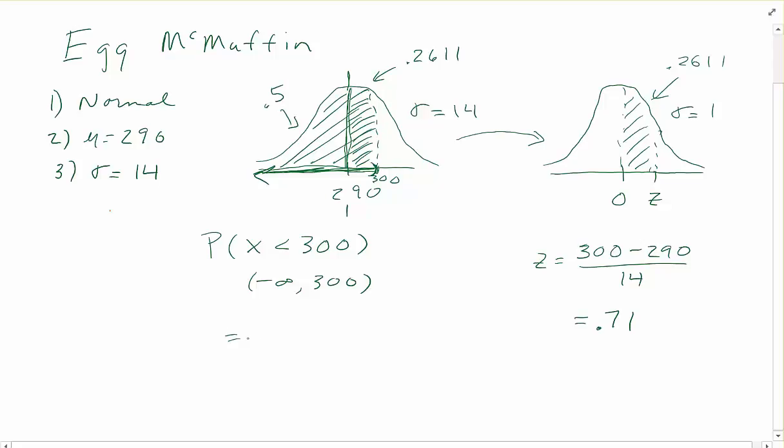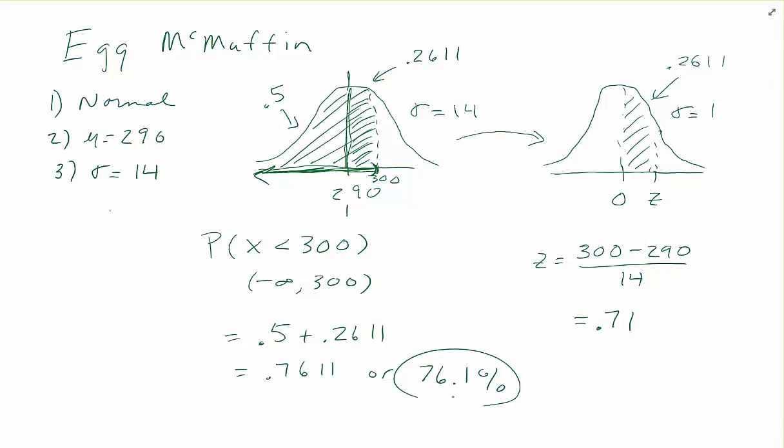So my answer would be 0.5 plus 0.2611, which is 0.7611, or 76.1%. So to answer the question, what is the probability that a particular serving contains fewer than 300 calories? Well, there's a 76.1% chance of that happening. Or of the Egg McMuffins that you order, 76.1% of them have fewer than 300 calories.